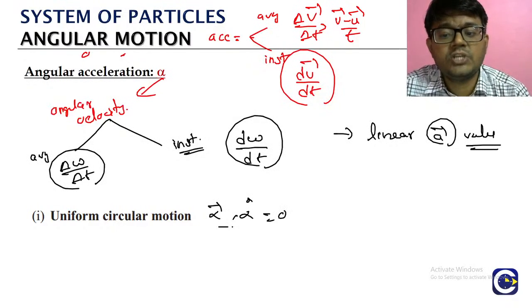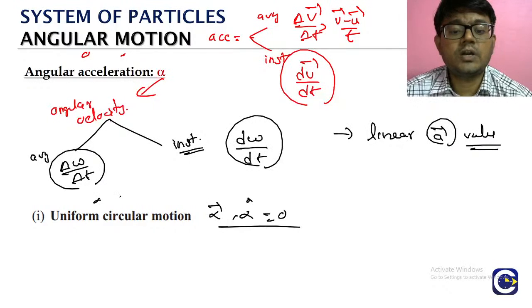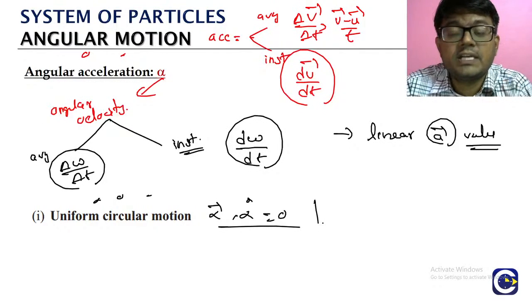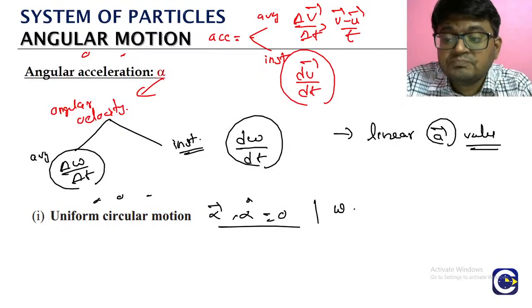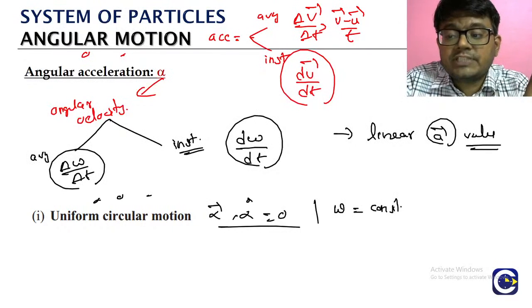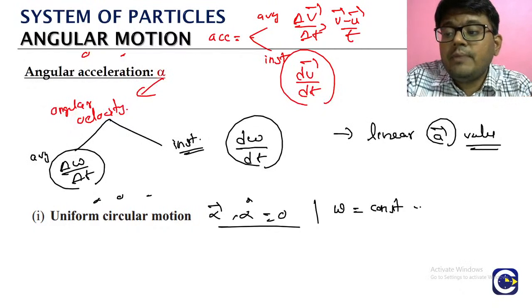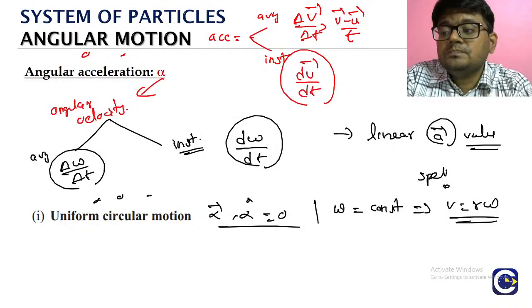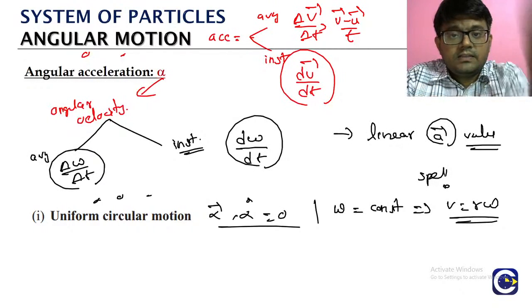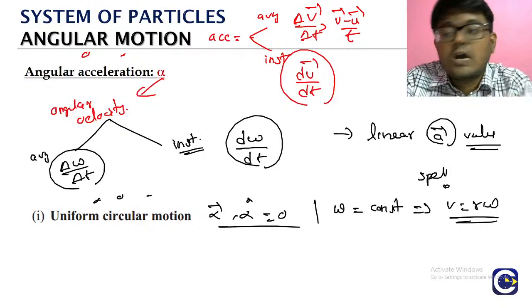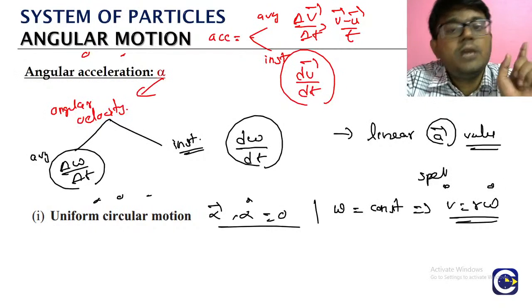If alpha is equal to 0, that represents uniform circular motion. The omega value will remain constant, because alpha is 0. Omega is constant, but the direction of the motion keeps changing. Speed is given by v equals r omega. Omega is constant means v will also be constant.